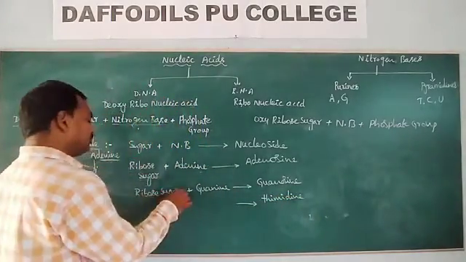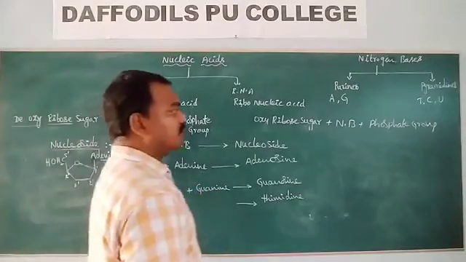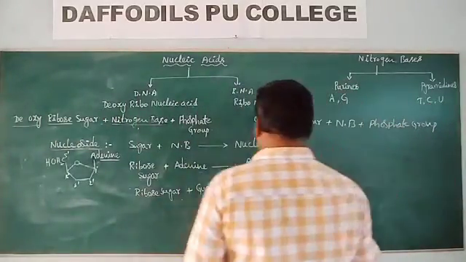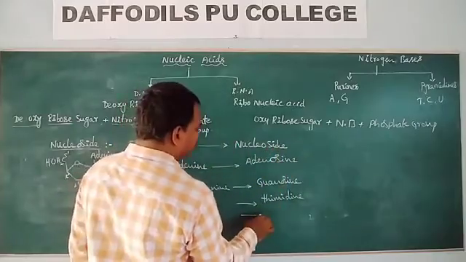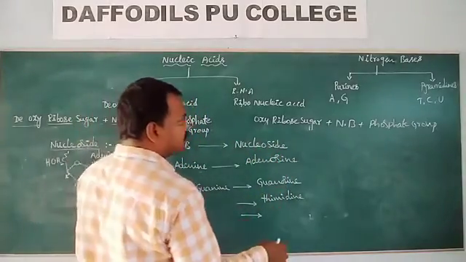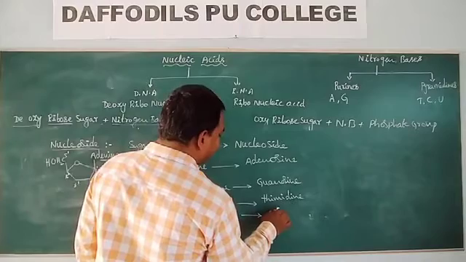When sugar is bonded with cytosine, the nucleoside is known as cytidine.